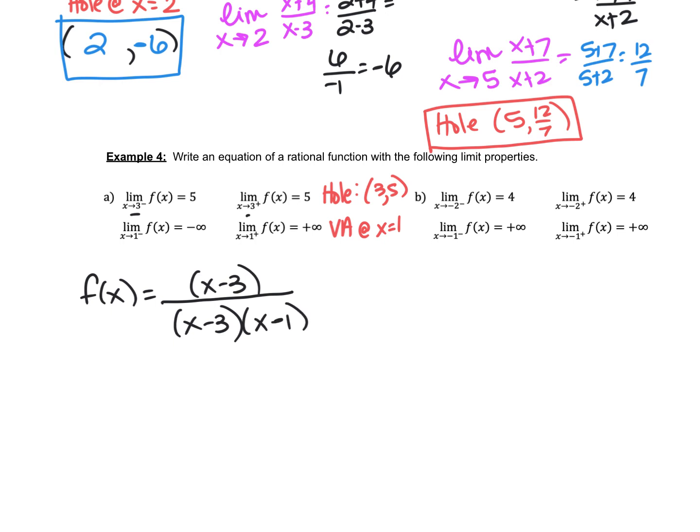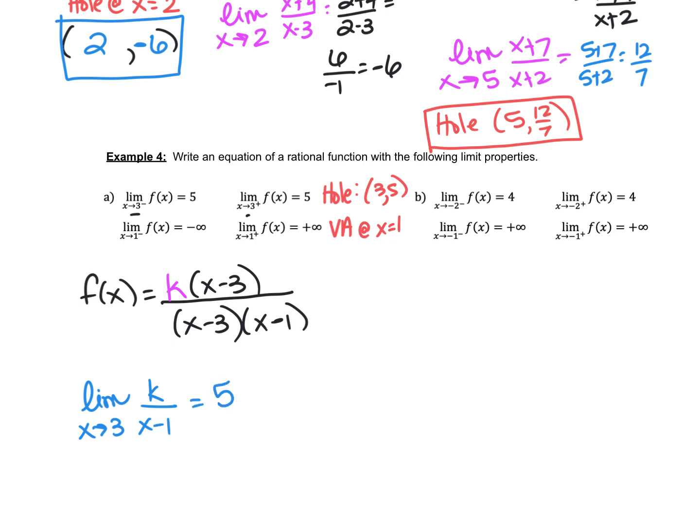Well, where does this 5 come in? Because when I reduce and plug in 3, I have to get 5. Well, it comes in a factor that we like to call k right there at the top. And here's the easiest way to solve for k. If we set up that limit as x approaches 3, and I reduced out the hole, it's k over x minus 1, and we know it should equal 5.